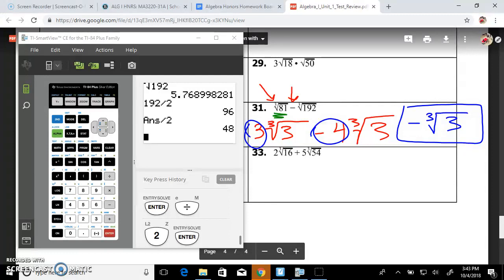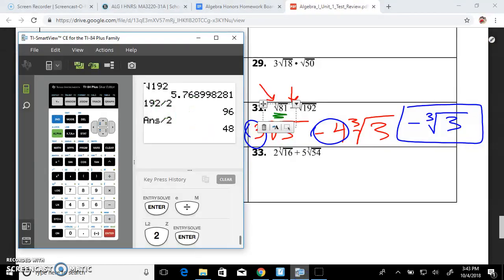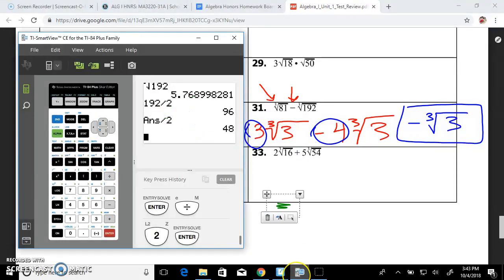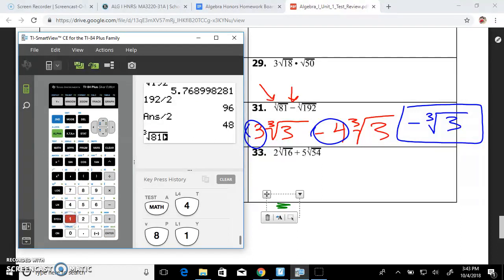We should be able to check this in our calculator. So let's check this original expression with what we actually got. So our expression looks like this. I don't want to click that. Move that out of the way. It looks like the cube root, so math 4 of 81. Hit the right arrow to get out of the radical, minus the cube root, math 4 of 192.